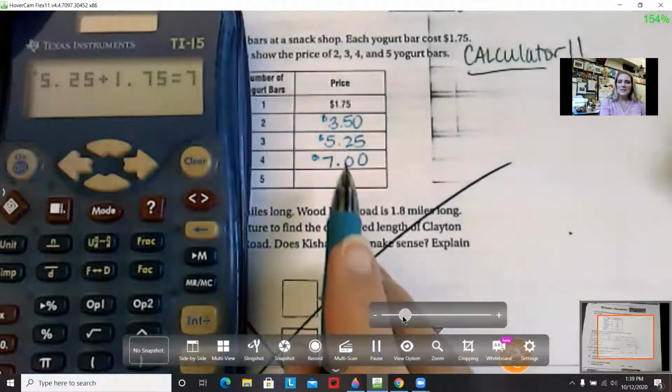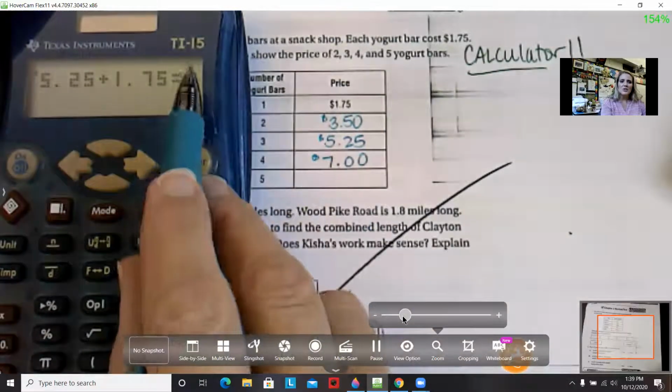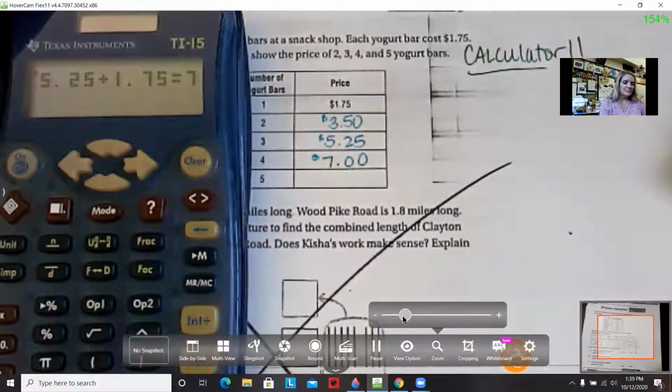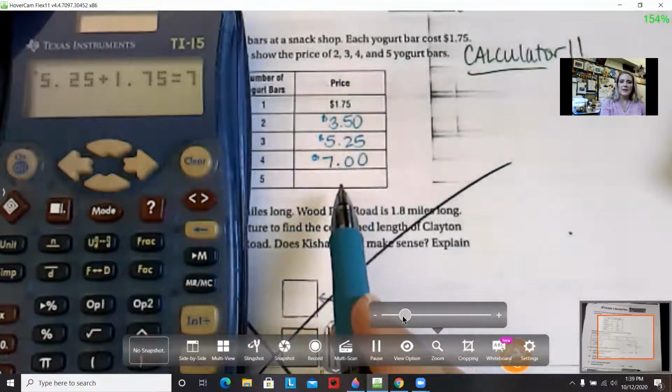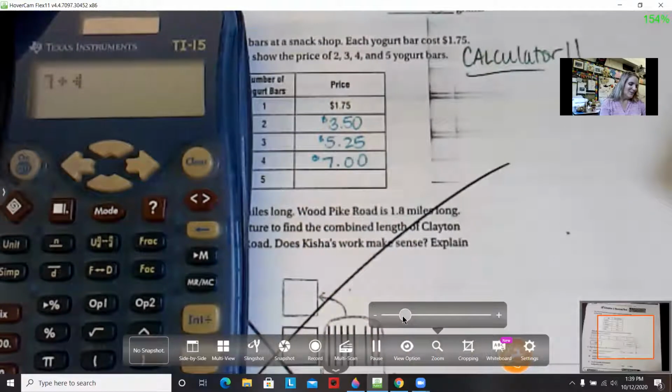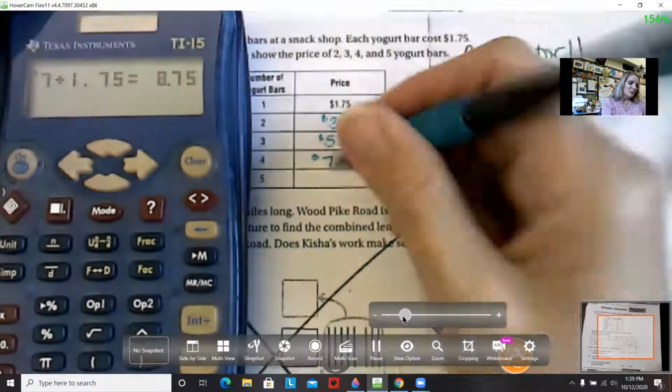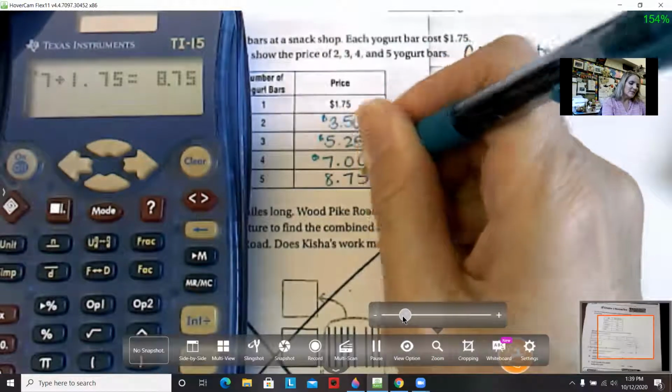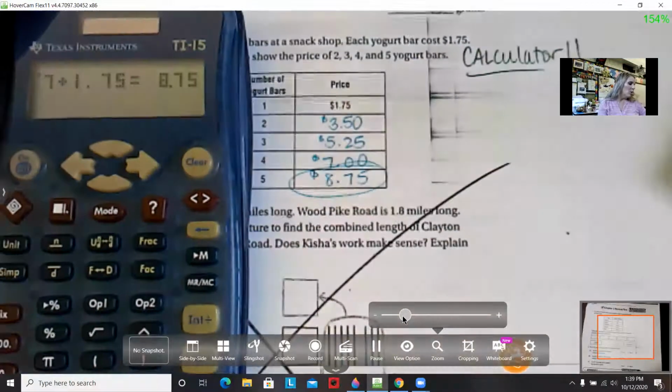And that shows that these zeros really don't matter. It's just the whole number 7. I bet you could do the next one in your head. $7 plus $1.75. If you don't want to, add 1.75 and we get $8.75 for all 5 bars.